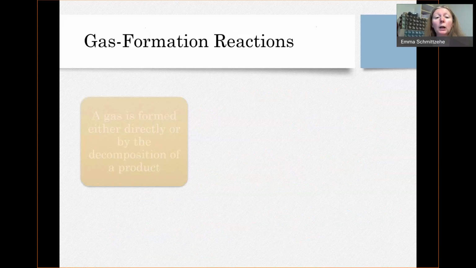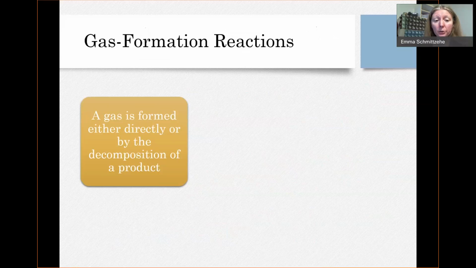Now, let's talk about gas formation reactions. As I said, this is what it sounds like. A gas is formed. But it could form directly or it could form as a secondary product.